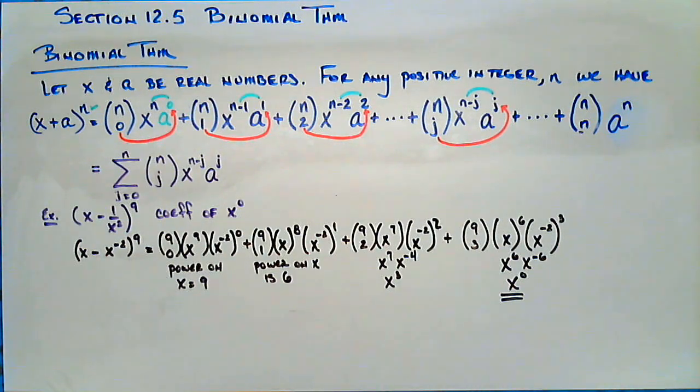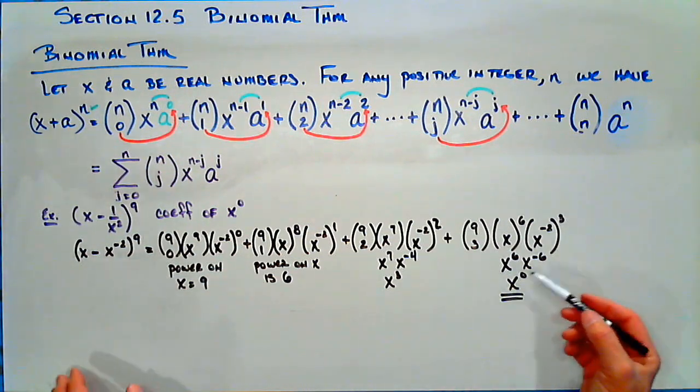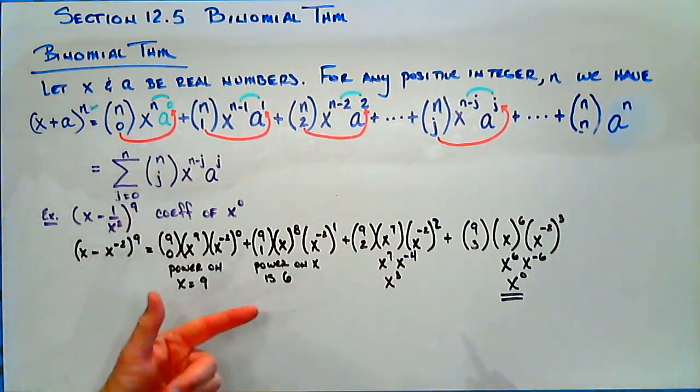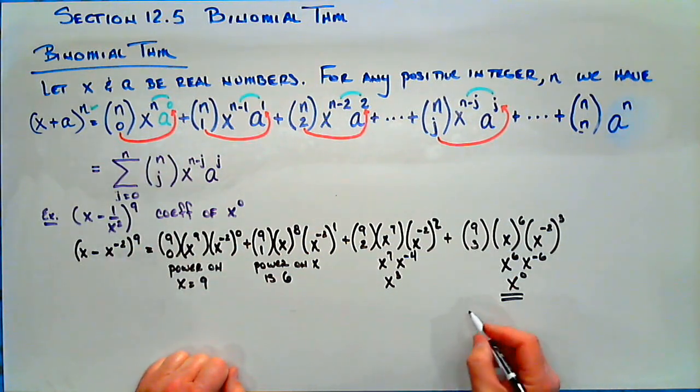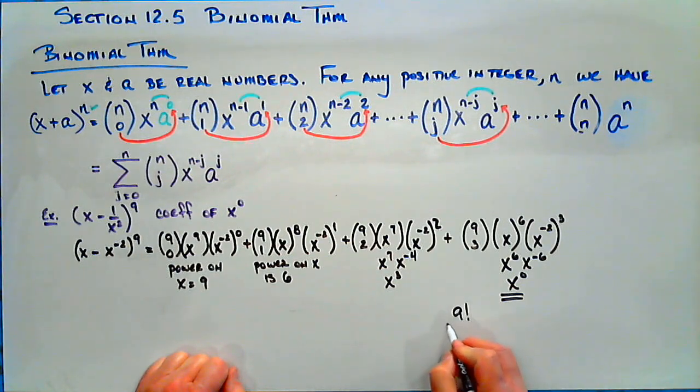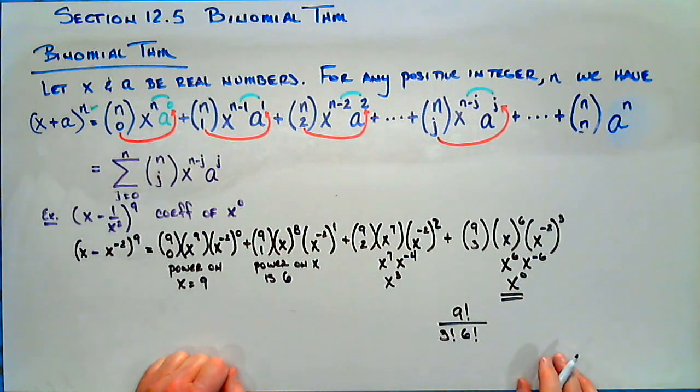See, we want to do this analysis at the beginning. So what's our coefficient? That's what the question is. Our coefficient is 9 choose 3. So we have 9 factorial over 3 factorial, 6 factorial. Now remember, we pick the biggest one and cancel up here.